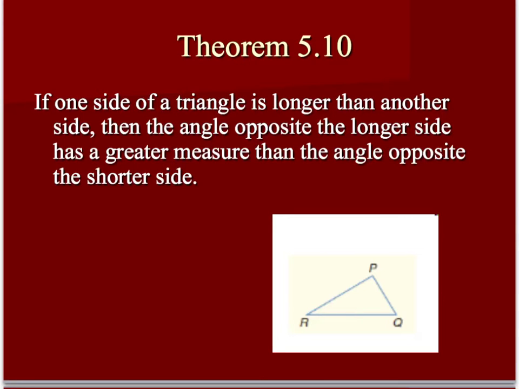Alright, theorem 5-10 basically says if one side of a triangle is longer than another side, then the angle opposite the longer side has a greater measure than the angle opposite the shorter side. So in our drawing here, segment QR appears to be longer than segment PR.